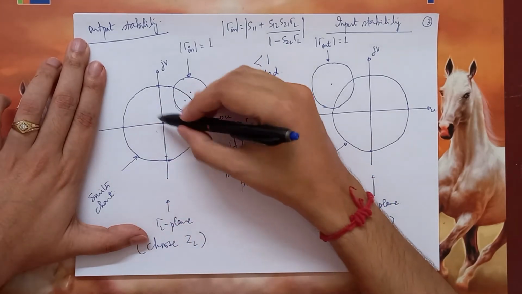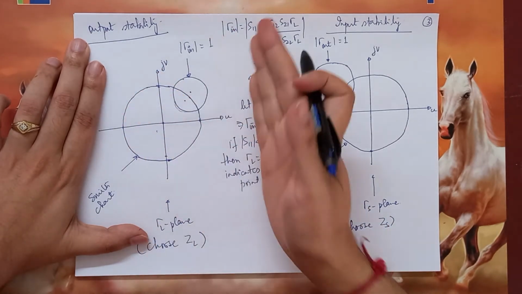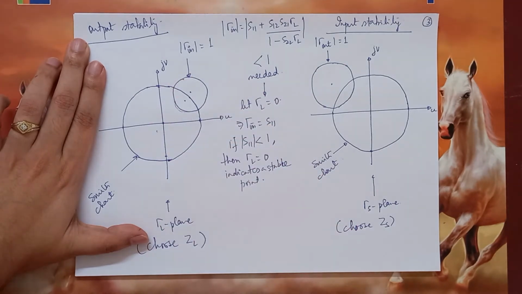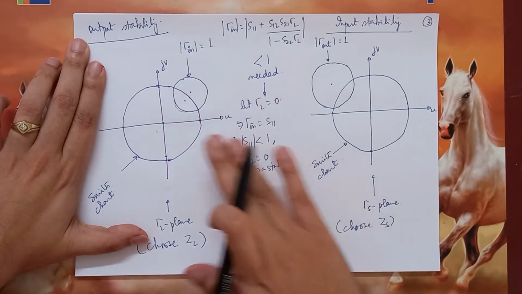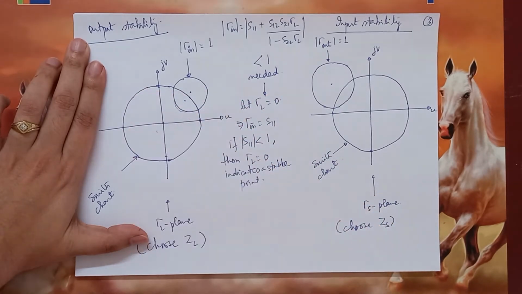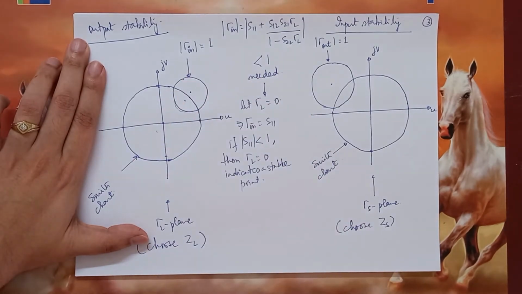So therefore, I can choose any point inside the Smith chart that is on this side of my stability circle. Because now I know this point on this side of the circle indicates a stable point, this entire region would be stable. And anything on this side of the circle that is inside the stability circle would be an unstable point.